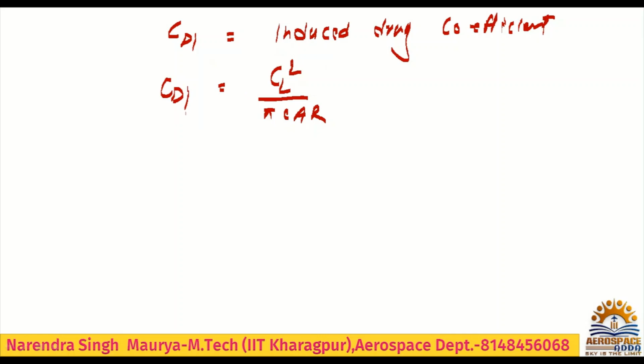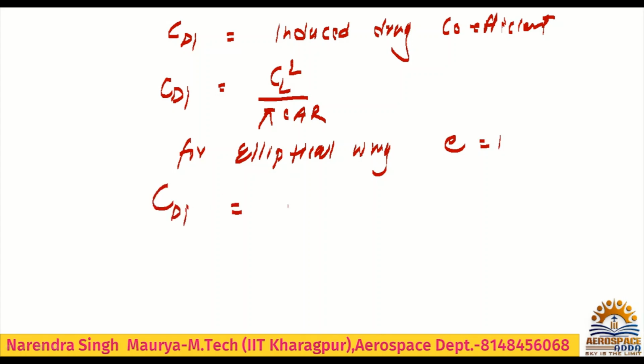Because they are asking for CDI, and in the CDI formula, CDI is equal to CL square divided by pi e AR. For an elliptical wing, you know, e is equal to 1, hence CDI is equal to CL square divided by pi AR.